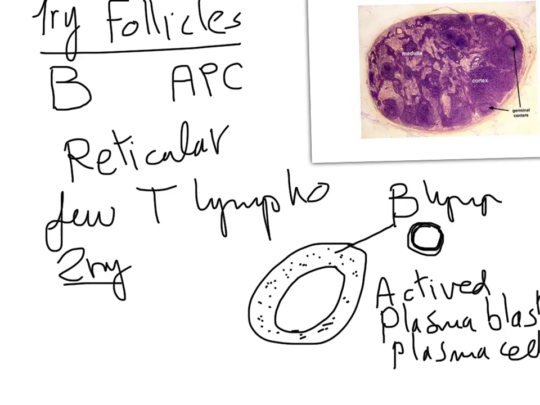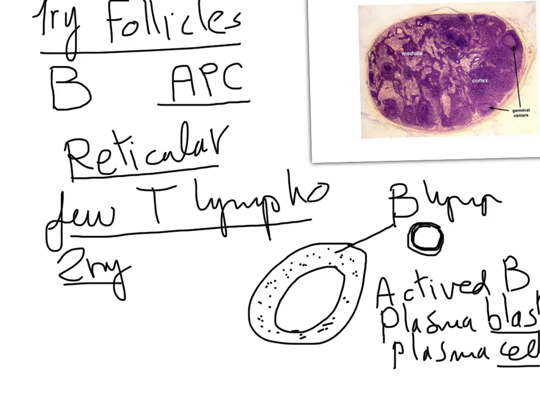So we have activated B, and when it is activated, it will give rise to plasmablast and finally to the plasma cell to give the antibodies. In addition, we have the reticular cells, as we said, as well as the antigen presenting cells or the macrophage, as well as the few T lymphocytes. So these are the components of the germinal center in the secondary follicle.